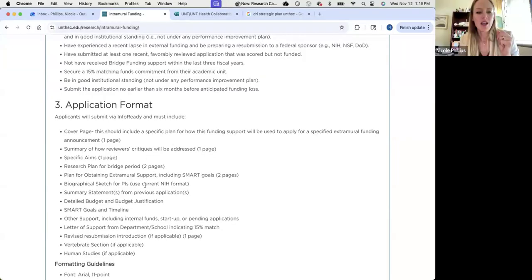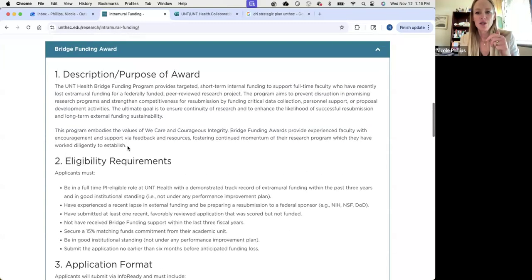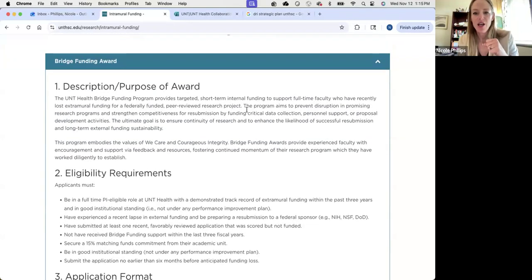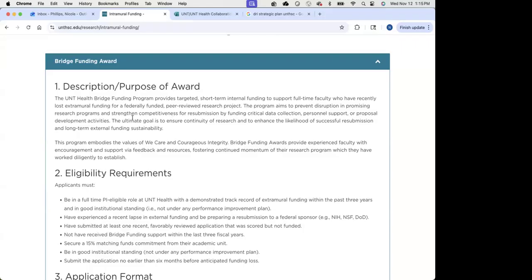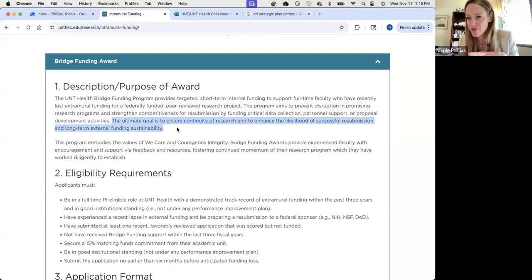So for example, if we look at the Bridge Award, which of course, just to bring everybody on the same page, this award is intended to support full-time faculty who have recently lost their extramural funding. They weren't renewed, or they're in the midst of being renewed, or they have some additional work that needs to be done for moving their program forward. So the ultimate goal, as is stated here, is to ensure continuity in the research of these faculty.